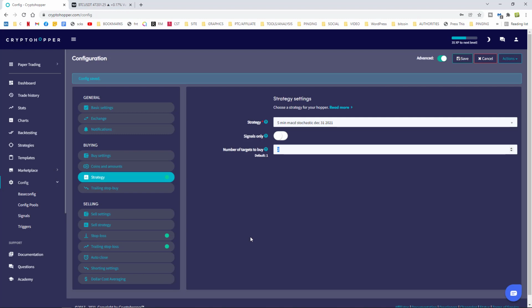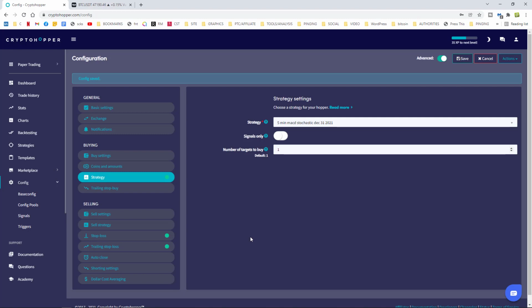So it could say, right, Bitcoin, Ethereum, XRP, ADA, etc., up to 10, all have buy signals. Well, if you had 5 typed in there, because that's your 5 maximum open positions, it would choose the 5 best signals out of the 10 there. All right? So let's say 1 for this.